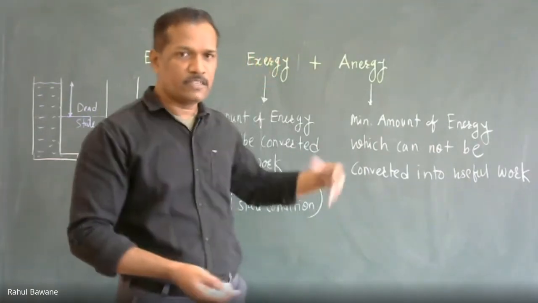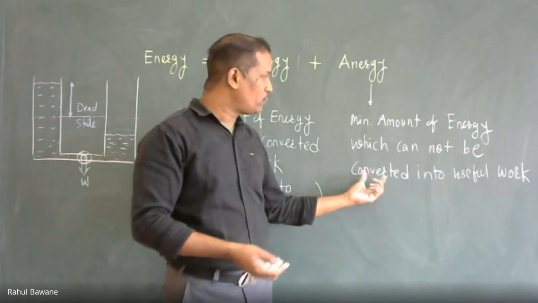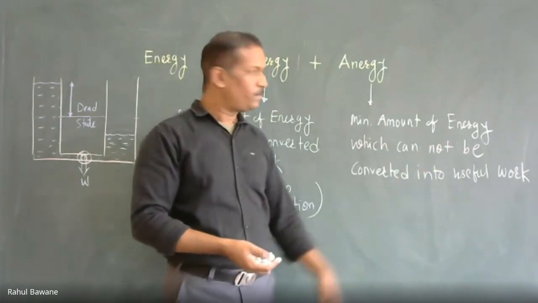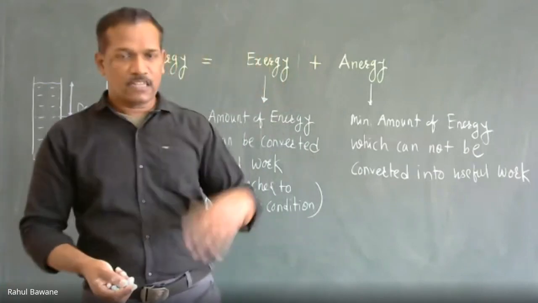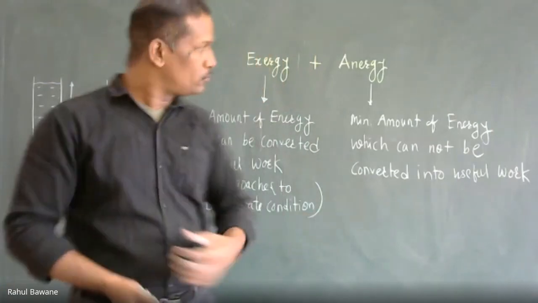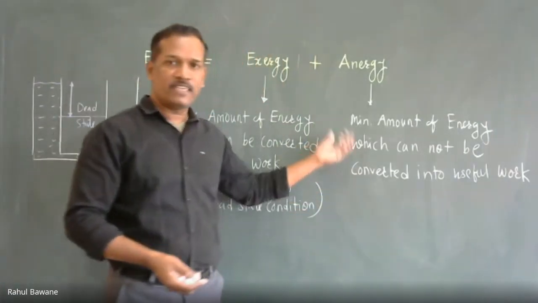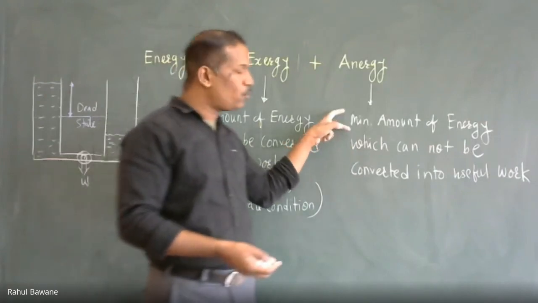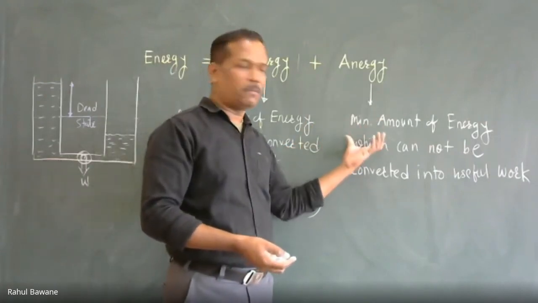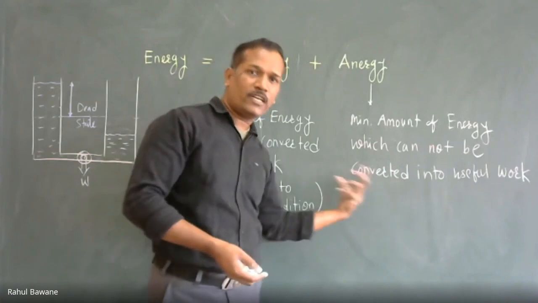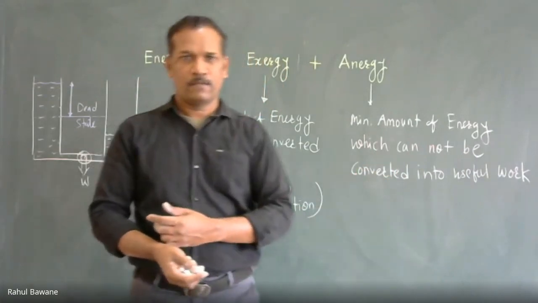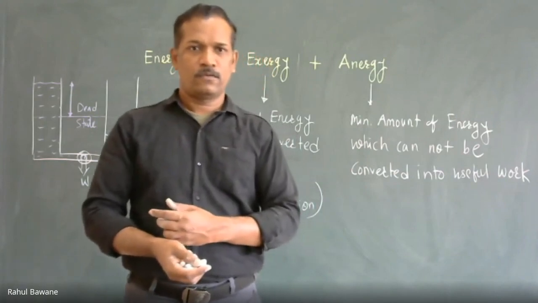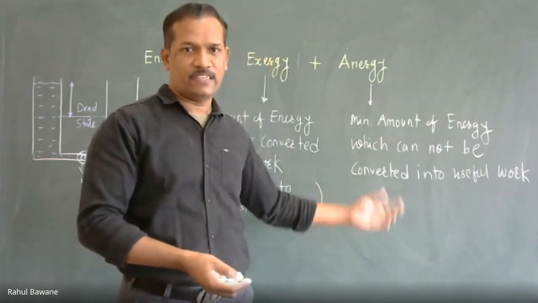You have to remove them. So no doubt that is the minimum amount of energy which cannot be converted into useful work. Others can be converted. So your minimum amount can change, but this is the lowest possible minimum amount which is not at all possible to stop from being a loss of energy.